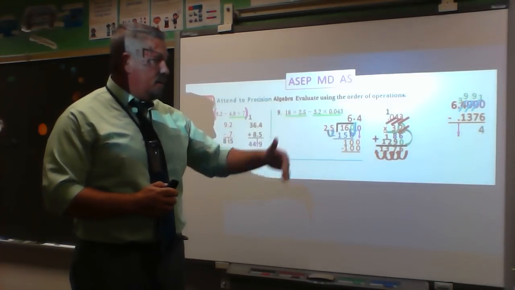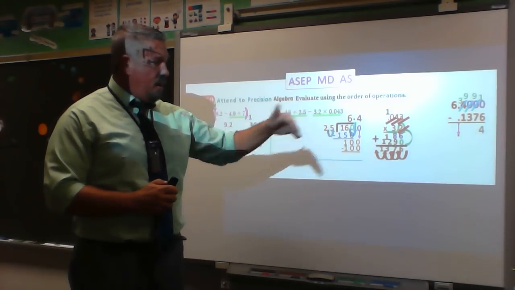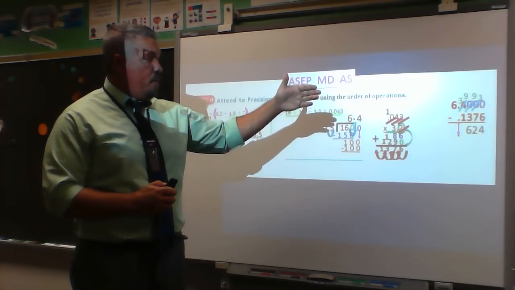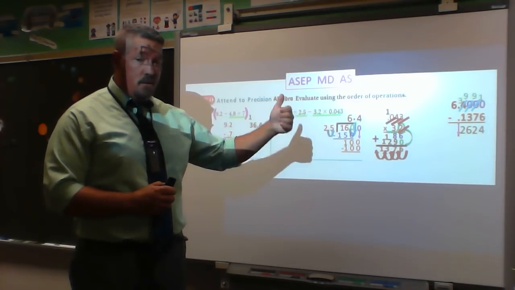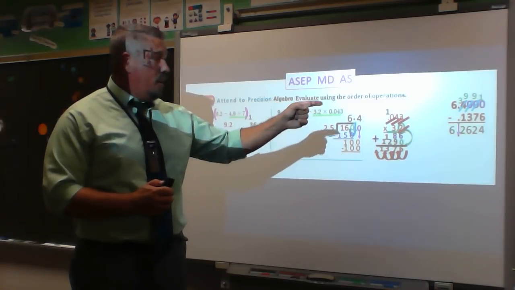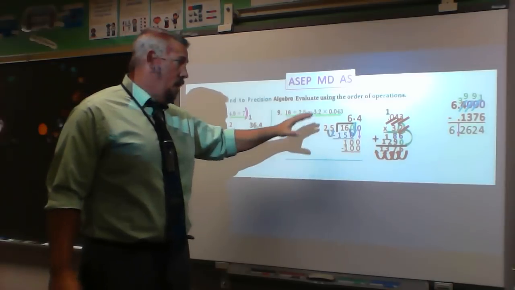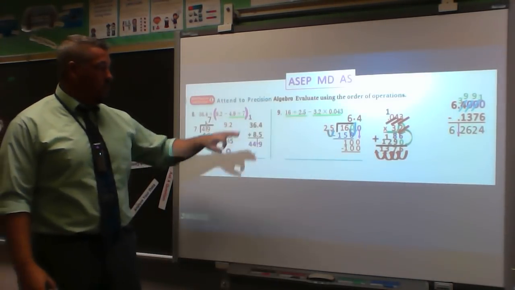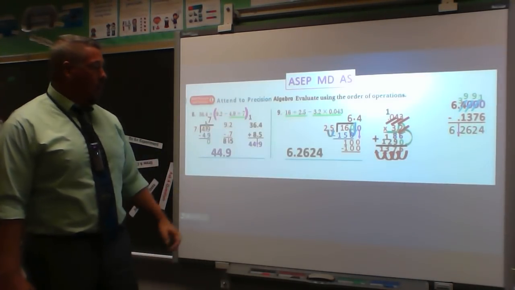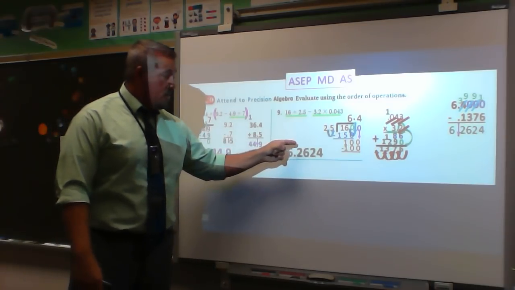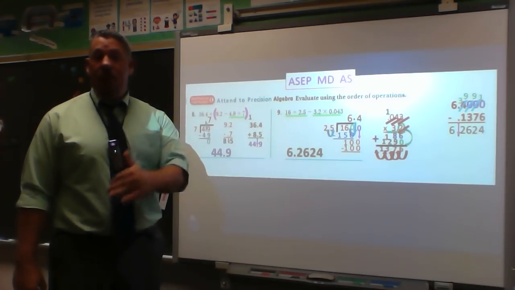So I have 10 minus 6, which is 4, 9 minus 7, which is 2, 9 minus 3, which is 6, 3 minus 1, which is 2. I still have that whole number that I haven't touched. It has to go in front. So my final answer, once again, after 3 math problems to do these order of operations, is 6 and, the way I say it correctly, 2,624 10,000ths.